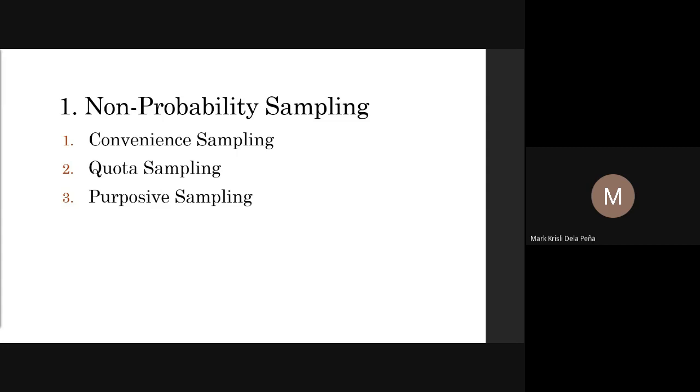That's about quota sampling. Then we have purposive sampling, based on a certain purpose in mind. If you have predefined groups, if you want to study a specific group, for example, students whose parents are above average income earners, then you have a purpose.